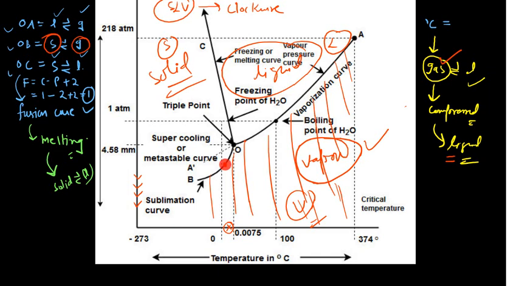I have told you this one. And if you increase the temperature, first of all I explained this for a fixed pressure. Now you fix this pressure and increase the temperature. So when you increase the temperature, definitely you lose your solid ice, and this will convert into the vapor phase.